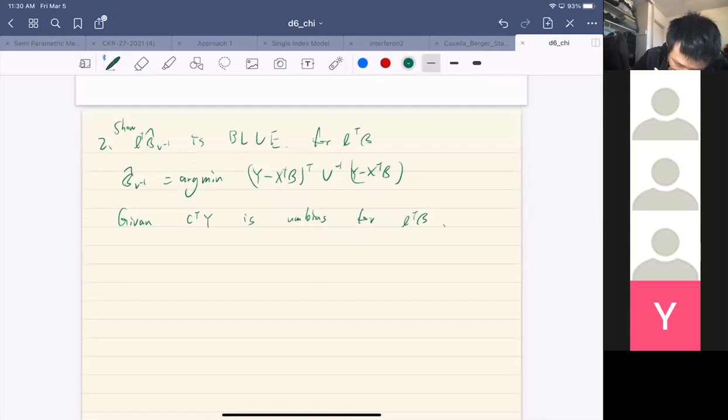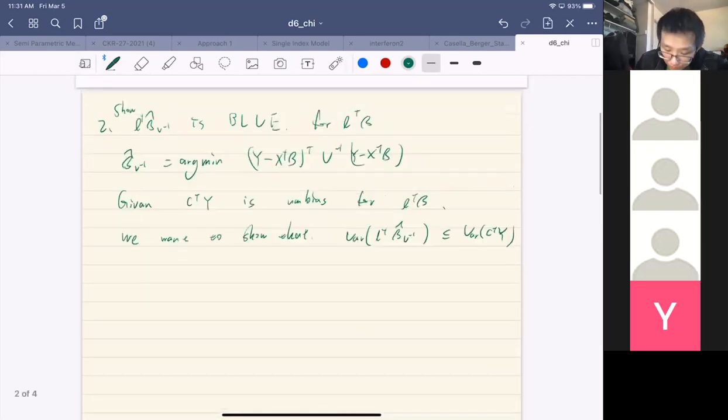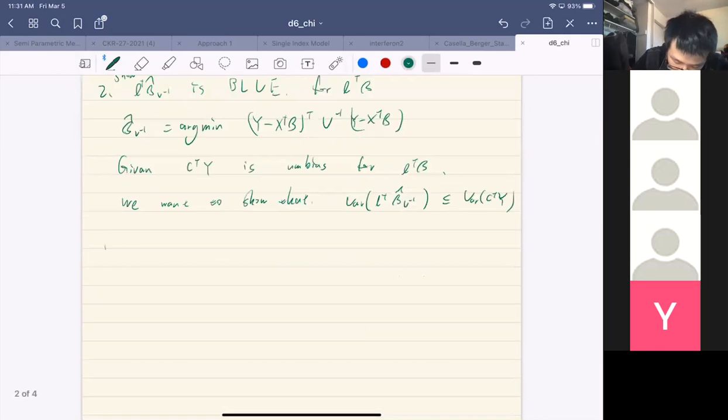And we want to show that the variance of L transpose beta hat is smaller than the variance of this.